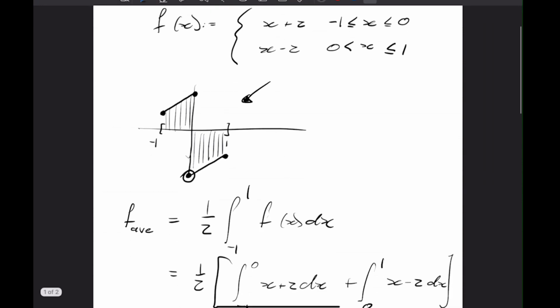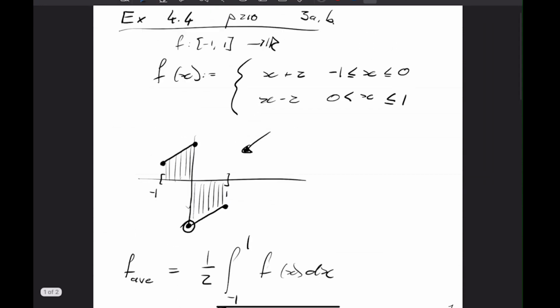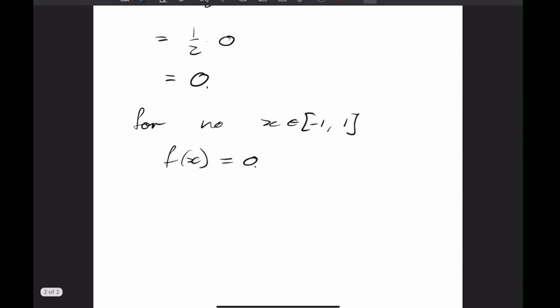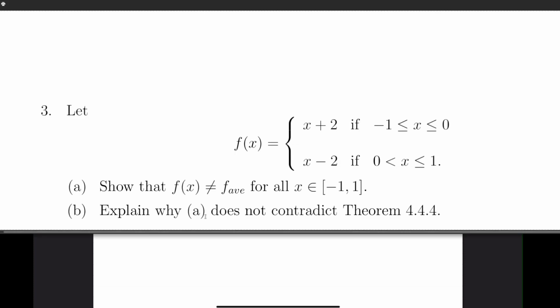However, notice here that for no value of x in the closed interval from minus 1 to 1 is f of x equal to 0. So what is going on here, if we think about this in terms of the integral mean value theorem, which is theorem 4.4.4, we'll explain why A does not contradict theorem 4.4.4.